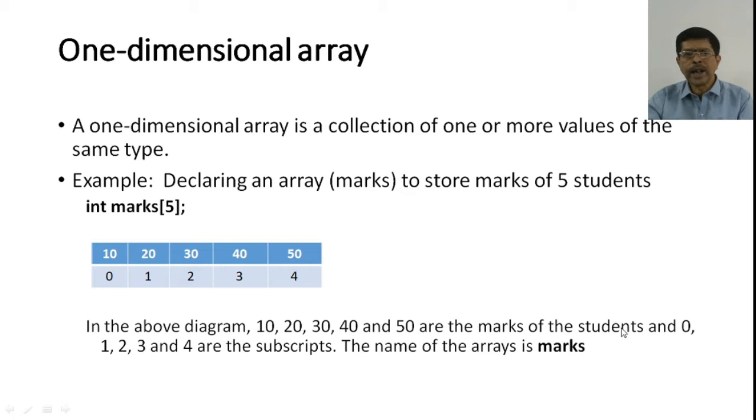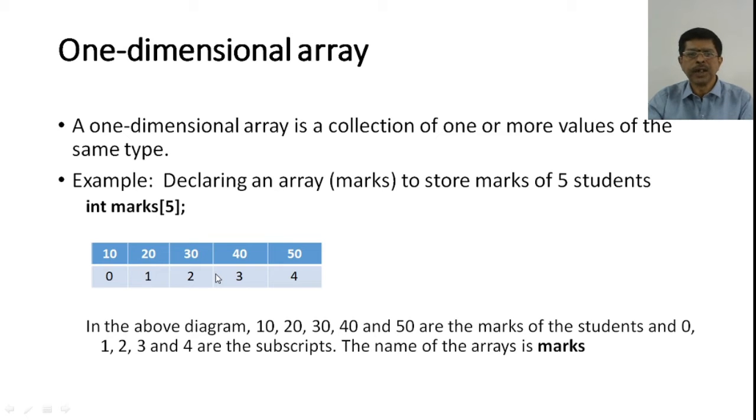Now coming to one-dimensional array. A one-dimensional array is a collection of one or more values of the same type. It can be represented like this in the diagram as shown below. Declaring an array, that is marks, to store the marks of 5 students, we can give it like this: int marks[5].